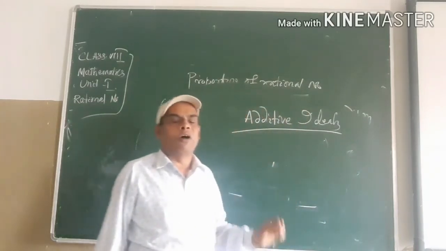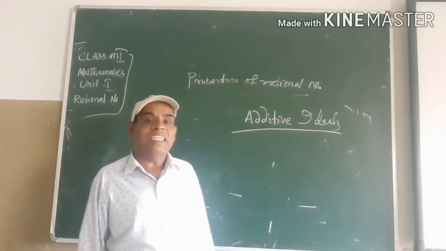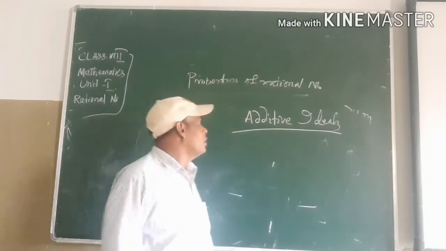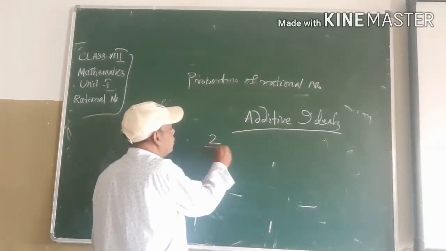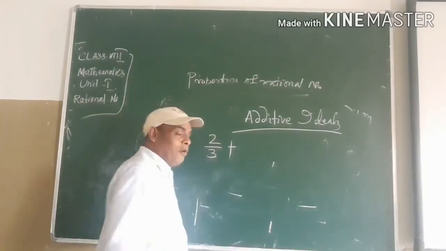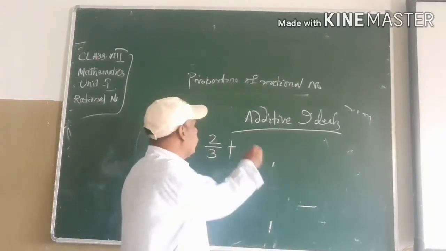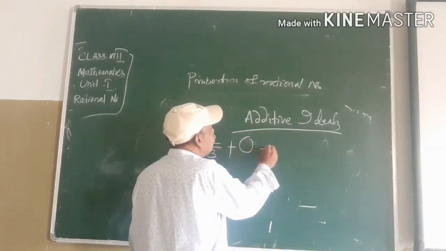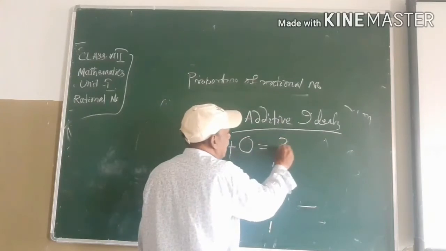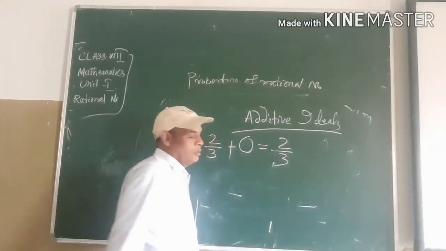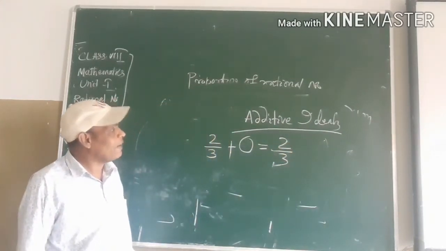You have to remember, any rational number, whenever it is added to 0, we will get that same rational number. That is called additive identity.